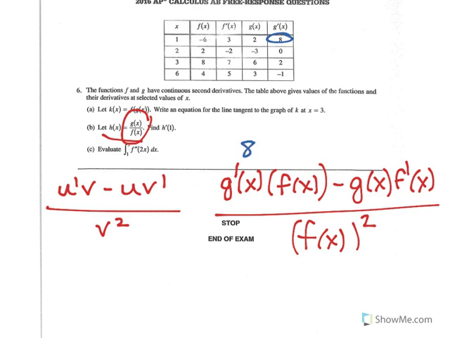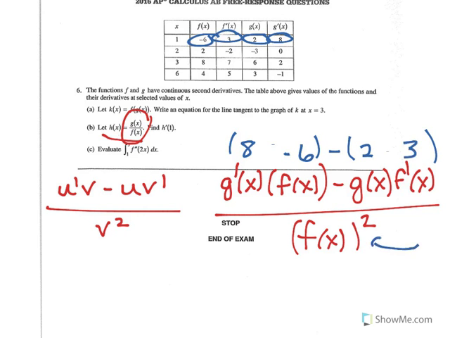I need f of 1, which is, almost circled the wrong one, f of 1, which is negative 6. I need g of 1, which is 2. I need f prime of 1, which is 3.